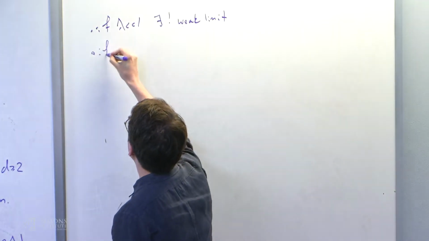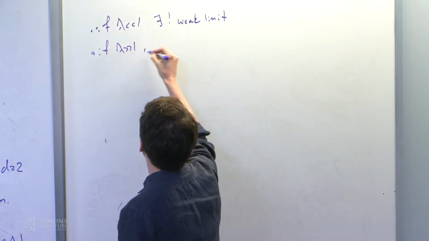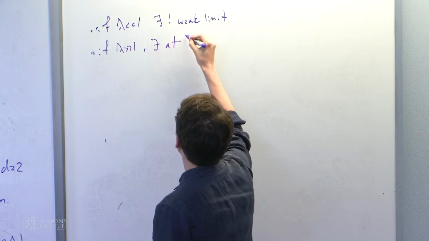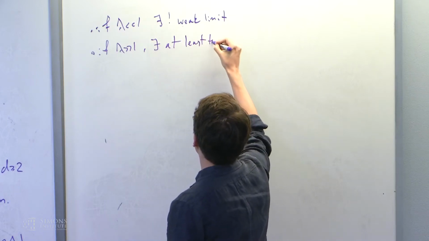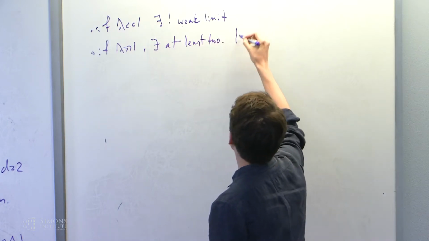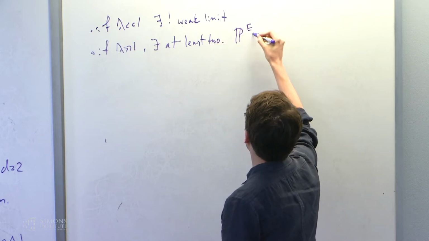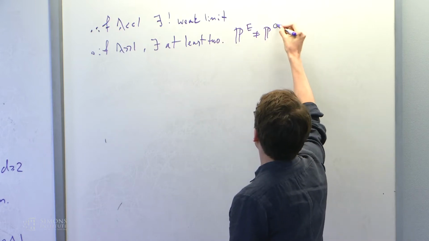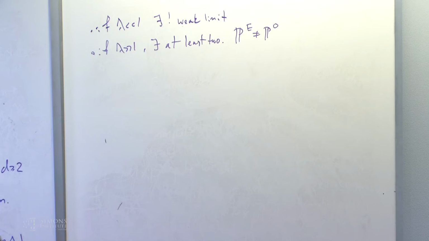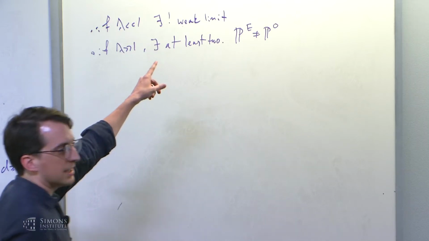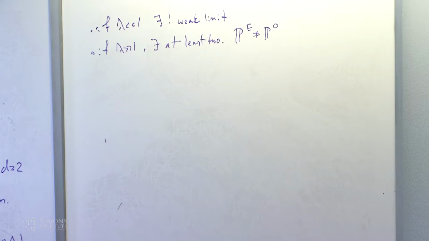And if lambda is very large, there exist at least two limits. In particular, the measures I get if I consider the even boundary condition and the odd boundary condition are different. I'm using E and O to denote the independent set that just occupies all the even vertices or just occupies all the odd vertices.